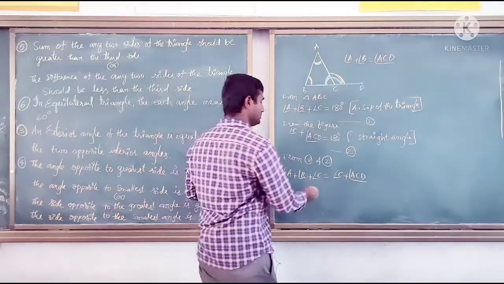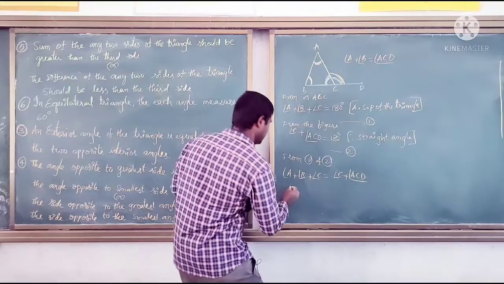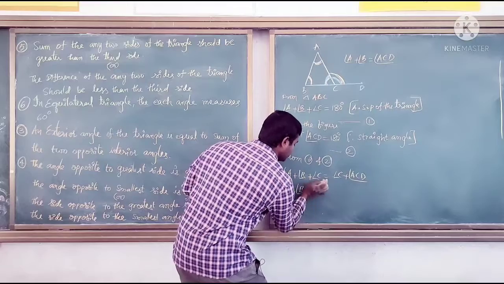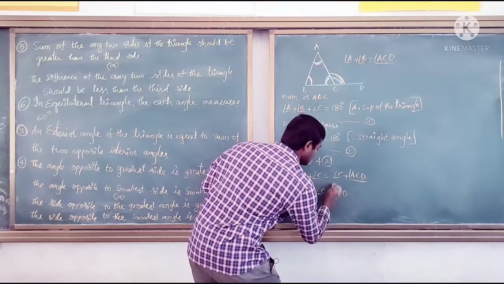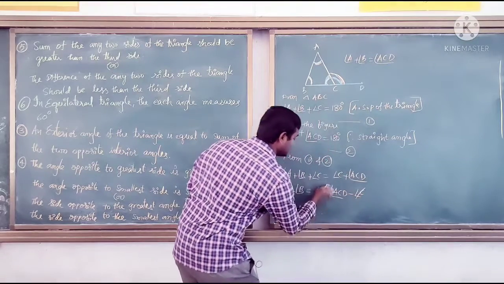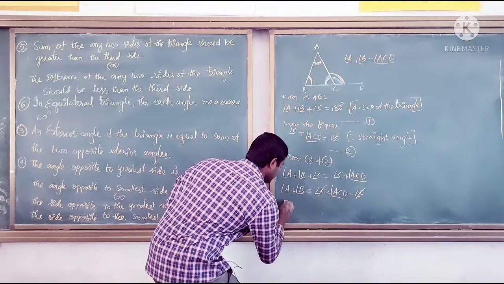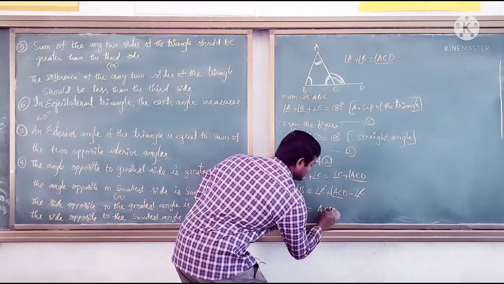Now transpose angle C to the right side, it becomes minus angle C. Minus angle C plus angle C is 0. So what remains? Angle A plus angle B equals angle ACD.